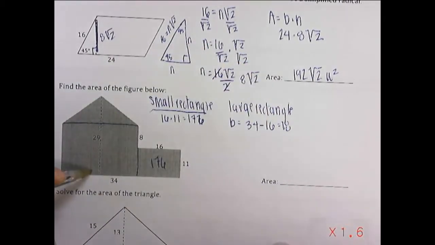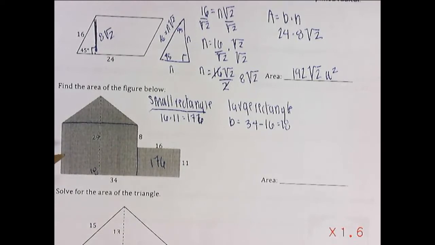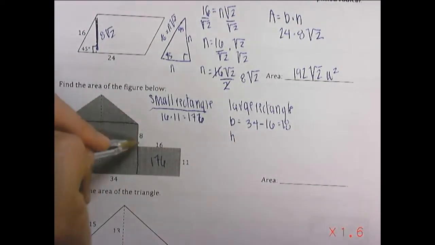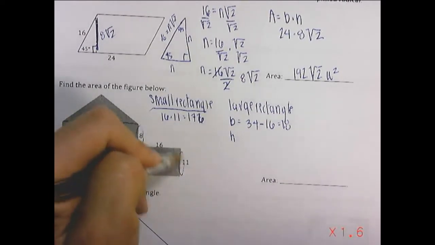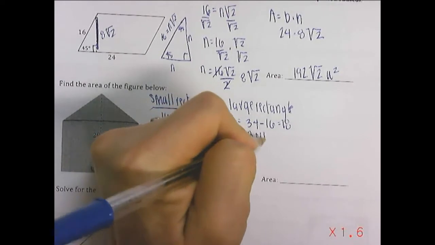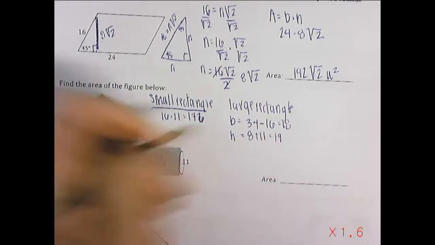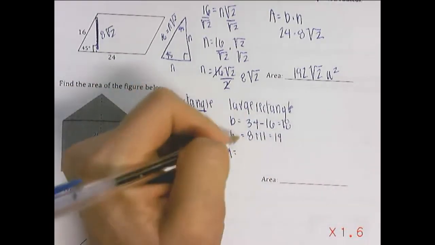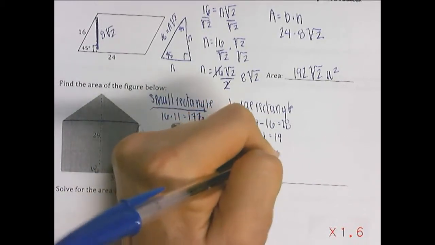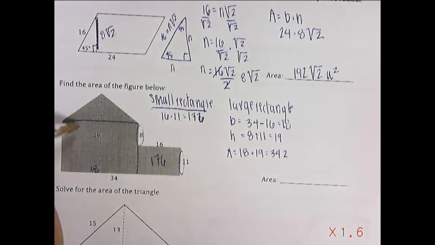So I knew this base right here was 18. All right, and then for my height, I had to take this 8 and this 11 and add them together, and I would get 19. And then for my area, I multiplied 18 times 19, and I got 342. All right, so 342.